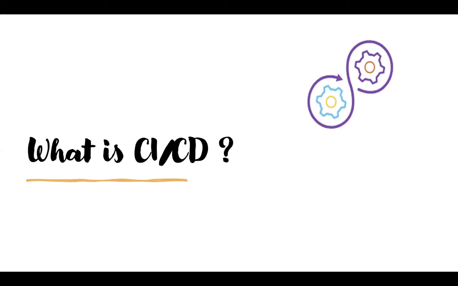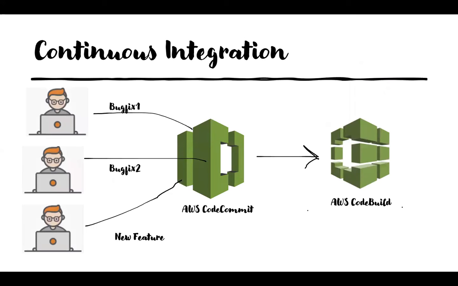So CI is continuous integration. Continuous integration is where, as developers, we continuously make changes and move the code to the central repository, where the build gets created and unit tests are run on that build.